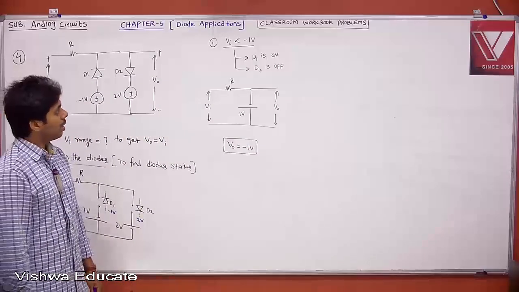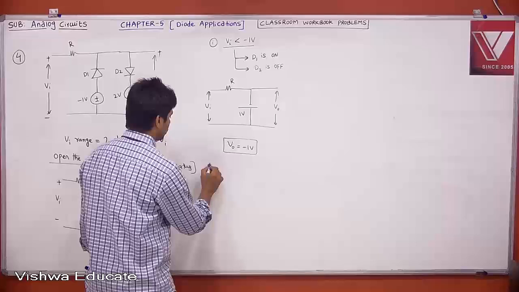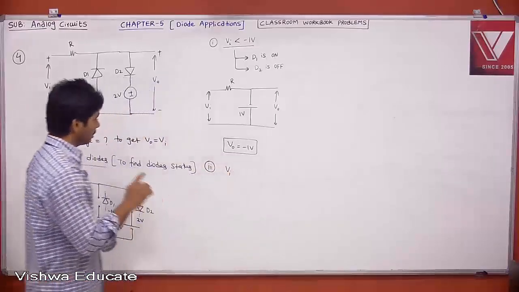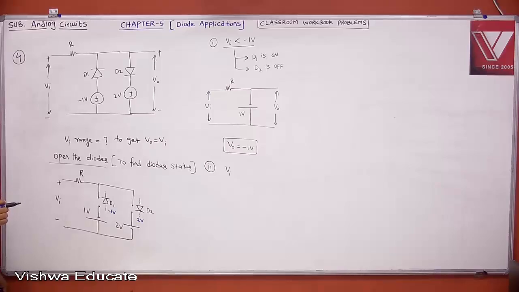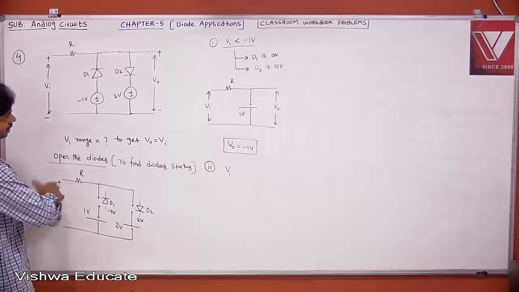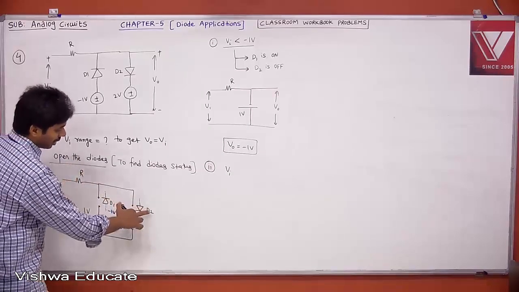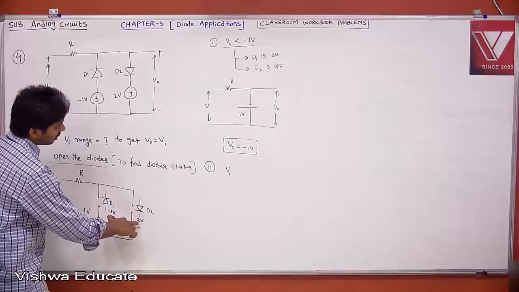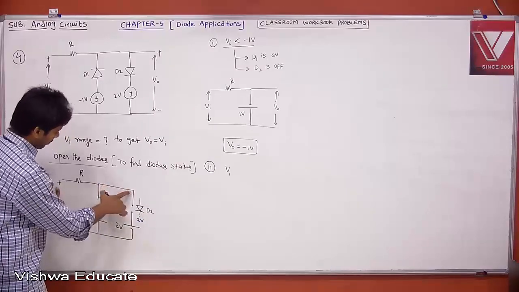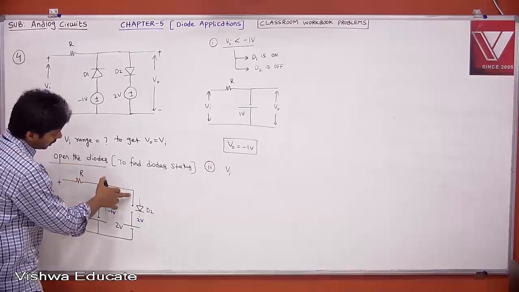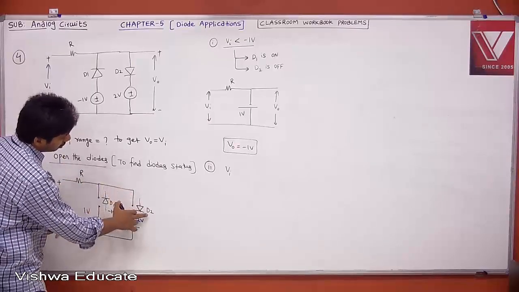Now case 2. Vi less than minus 1 is done. Therefore when Vi is greater than minus 1, D1 is off. Minus 1 to infinity is over. Now for what voltage will D2 be on?